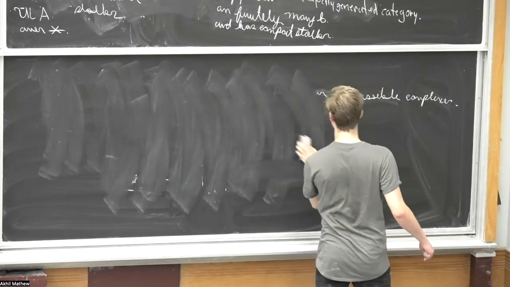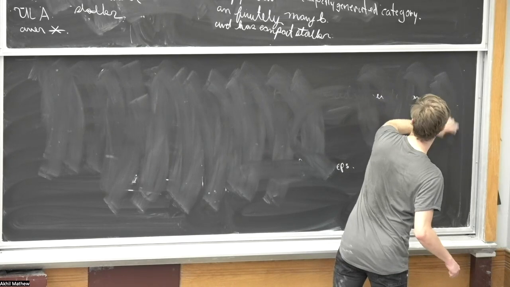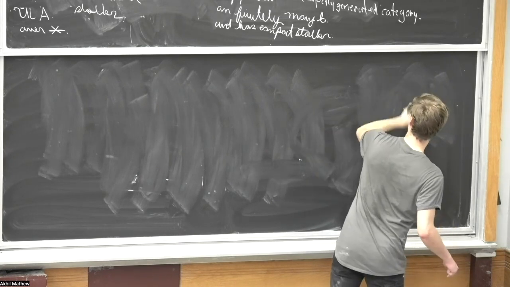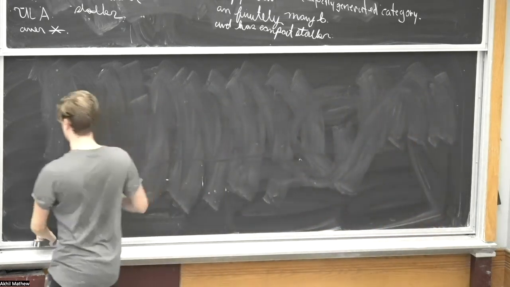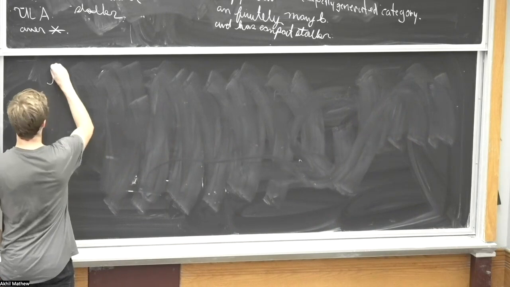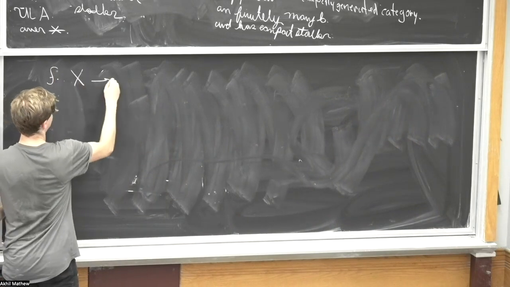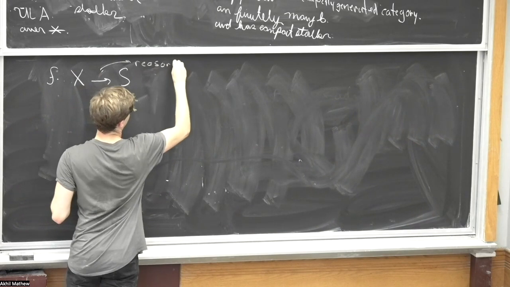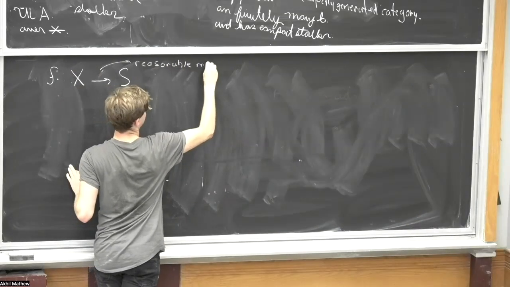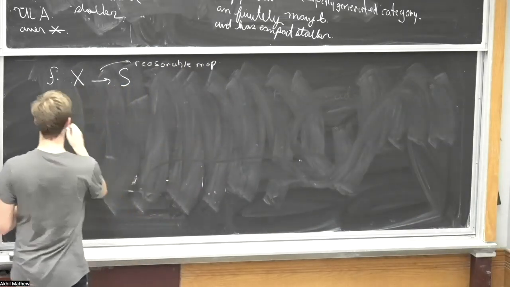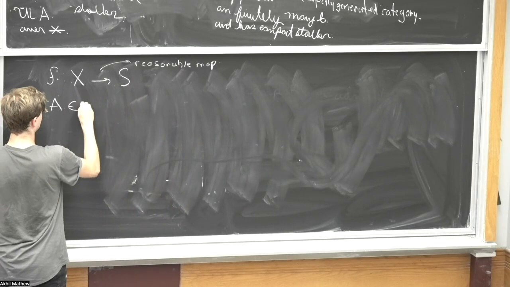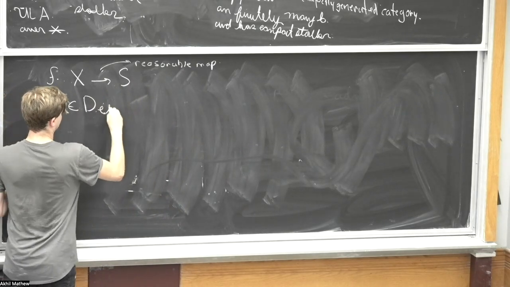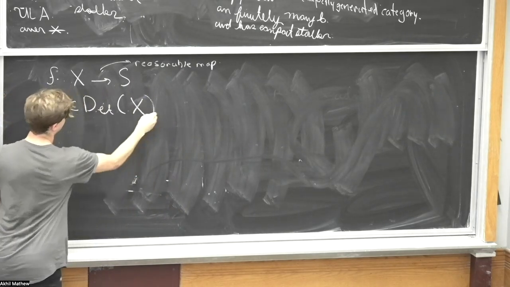But let me make some brief remark about what the definition of this is. If you have some reasonable map of spaces, in the sense that all six operations exist, you consider an object A in the derived category of X.